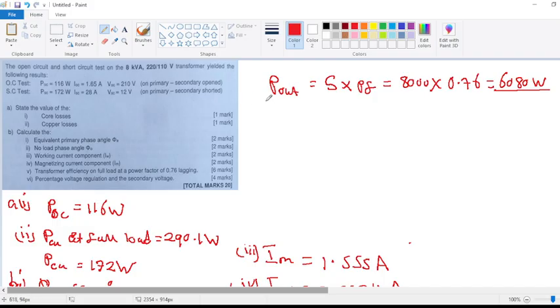So since we have this power output of the transformer, what is the next parameter that we have to calculate? Let's look at the losses.